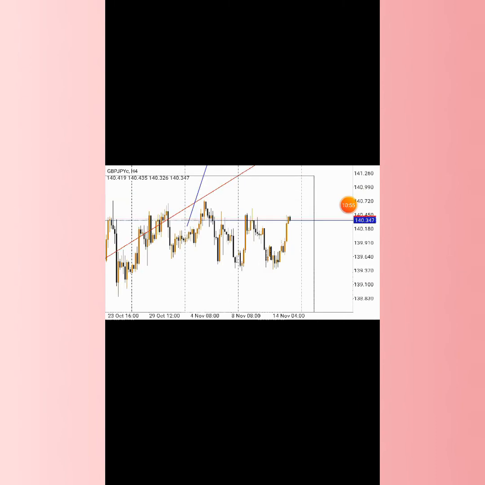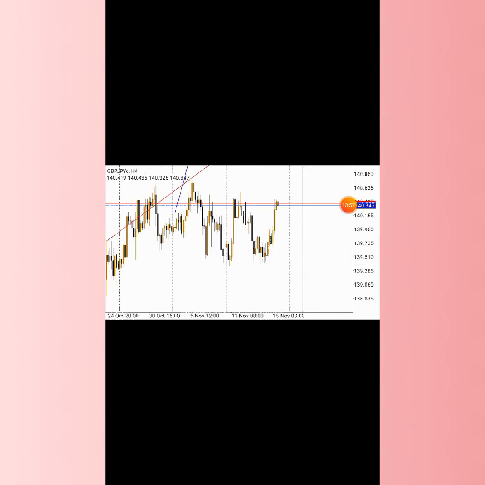It's so hard to identify the pair, so you have to either wait for the pair to move out of this zone so as to make your decision of what to do from here. So the longer time frame is for analysis and identifying the direction of the trend or the direction of the price, and the smaller time frames is for execution.